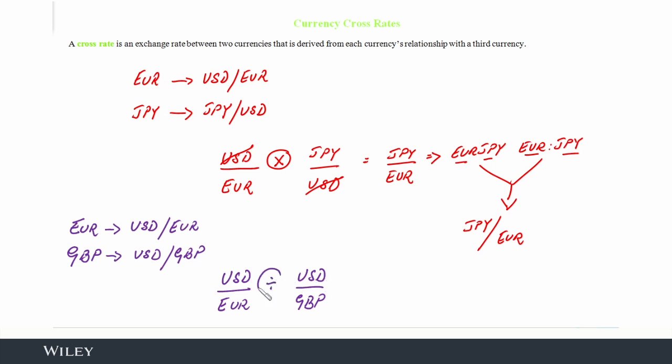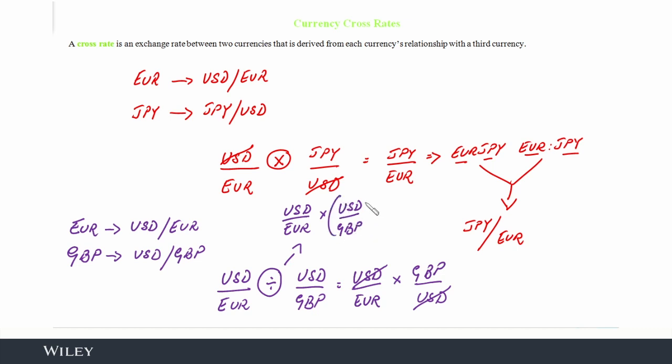If you put a division sign in the middle, then what you get is USD per euro times the reciprocal of this exchange rate quote, which would be GBP per USD, and then the USD would cancel out. So basically what you need to do is invert this exchange rate quote so that the third currency, or the US dollar, cancels out when you multiply the two quotes. So effectively you can represent this as USD per euro multiplied by USD per pound when this exchange rate quote is inverted.